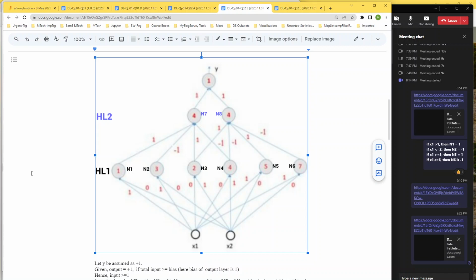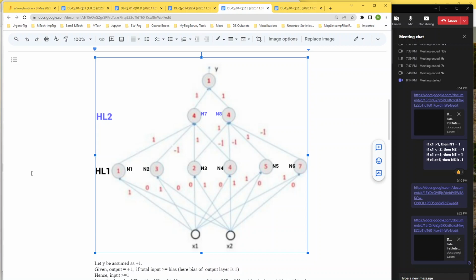So if n7 has to be 1, then the sum of n1, n2, n3, n4 has to be greater than or equal to 4. So we have to assign 1 or -1 to N1, N2, N3, N4 to have total input greater than or equal to 4.